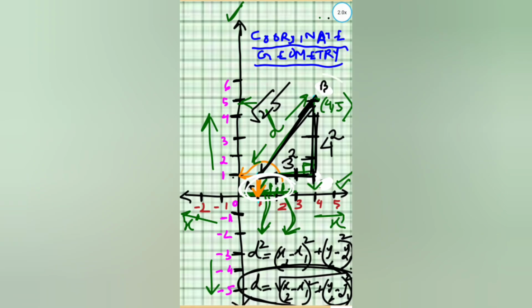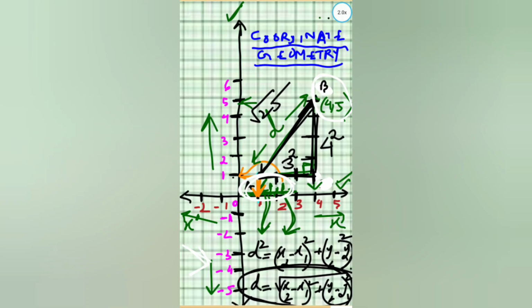And the coordinates of B, 4, 5, can be taken as x2, y2. Or you can interchange also. It doesn't matter. You can take A as x2, y2, B as x1, y1. The moment you place it in this formula, you will get the answer 5, which I showed you.